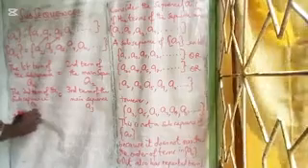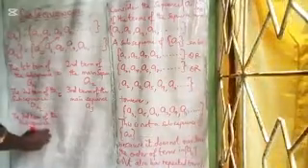The third term of the subsequence, a sub n3, is equal to what?